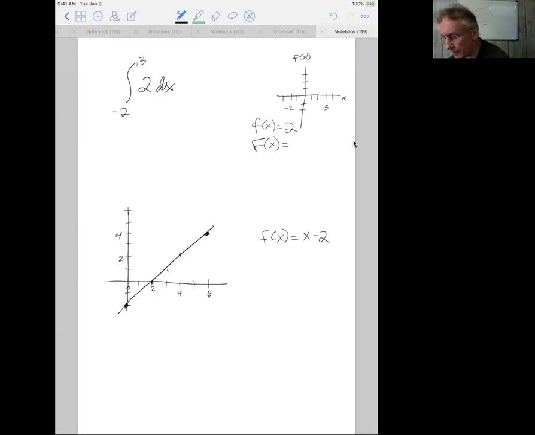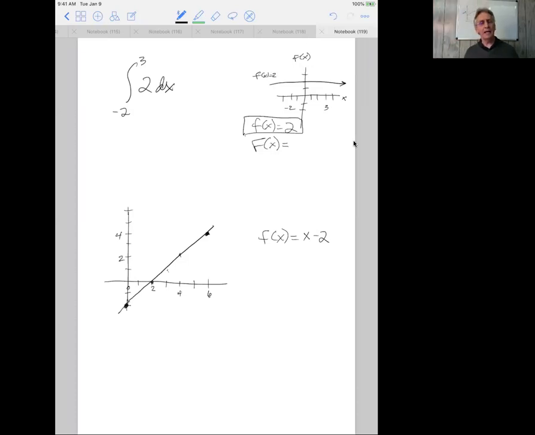This is what I'm looking at. f of x equals 2 is the function we're talking about. And the graph of f of x equals 2 is the line y equals 2. So there is the line y equals 2. That is f of x equals 2.